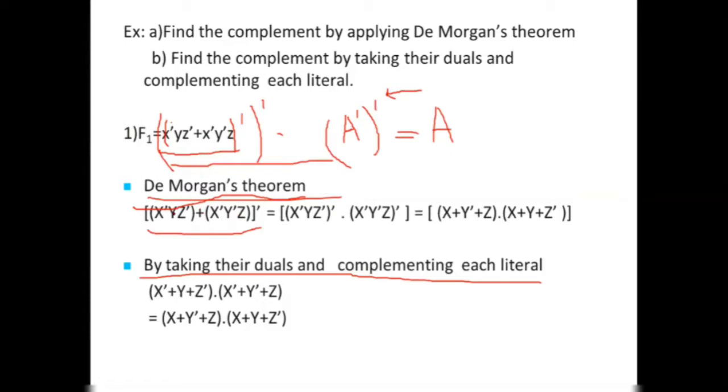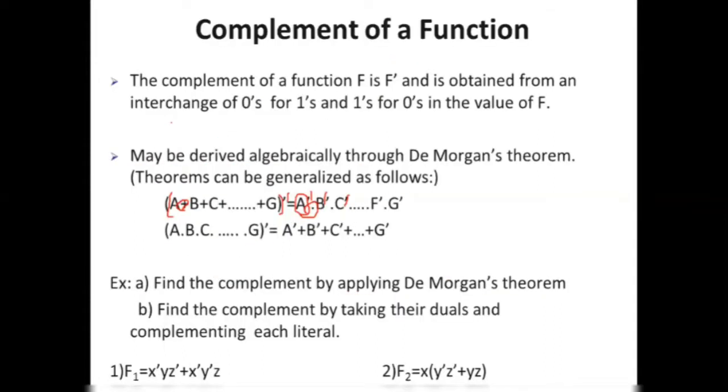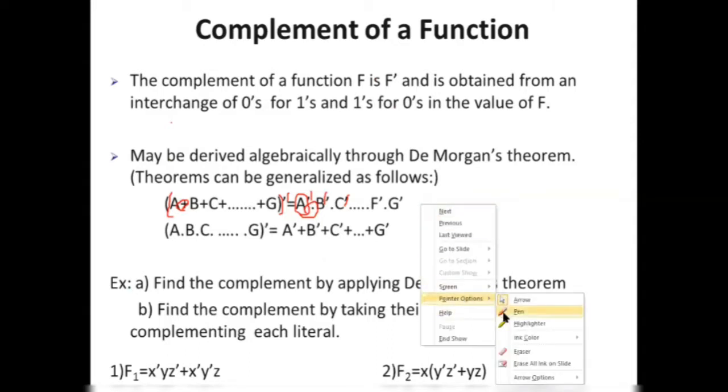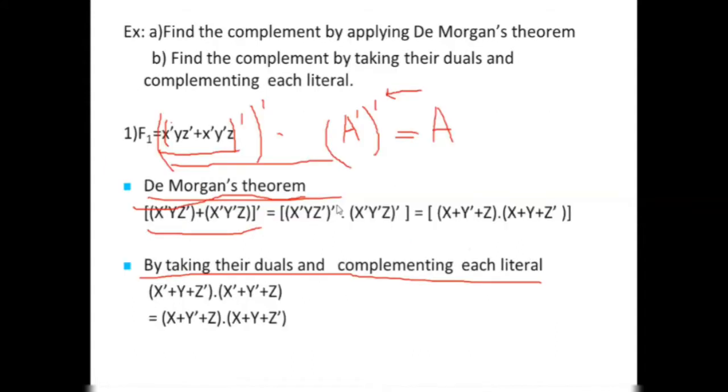These are the two components in this equation, and then you can get the complement of these two terms and convert that using De Morgan's theorem. There are two major forms you can use, this one or this one. The corresponding one can be applied and converted into its corresponding form.